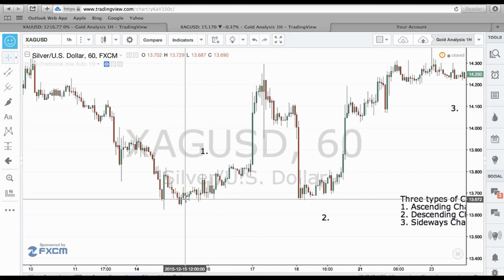Now, when I create my trend lines, I use the bodies and the wicks. Most of the time I use the wicks, but I'll use the bodies as well. Now, I'll never use both, like a wick and a body, to create a trend line, but I will use all wicks or all bodies.